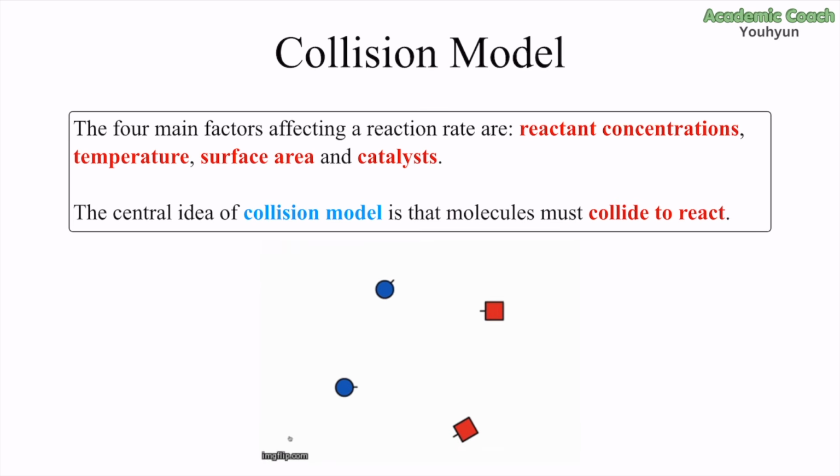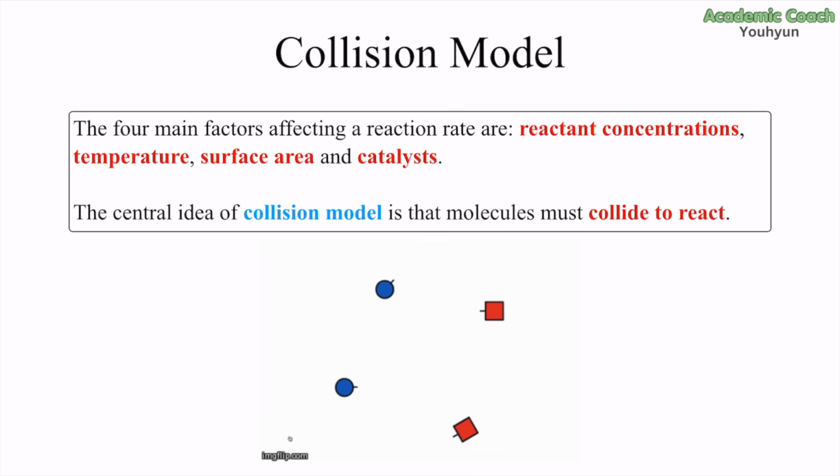Next, we need to learn what the collision model is to really understand what is going on at the atomic level in any chemical reaction. The core idea of the collision model is that molecules must collide to react. That means if there's no collision, there is no reaction.